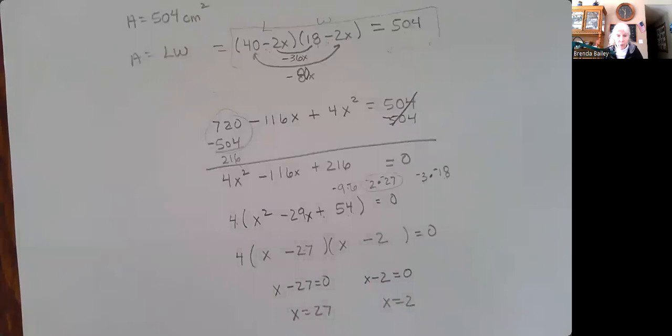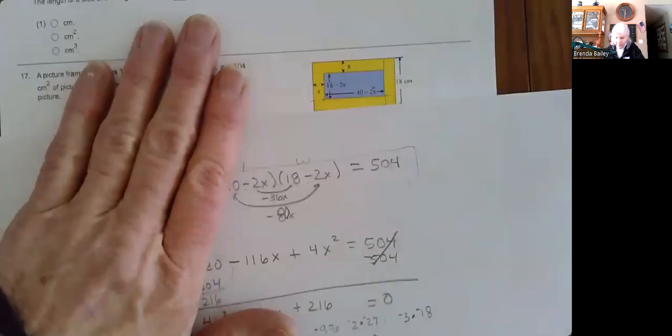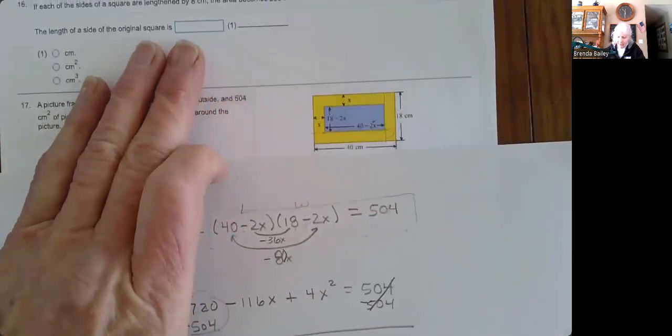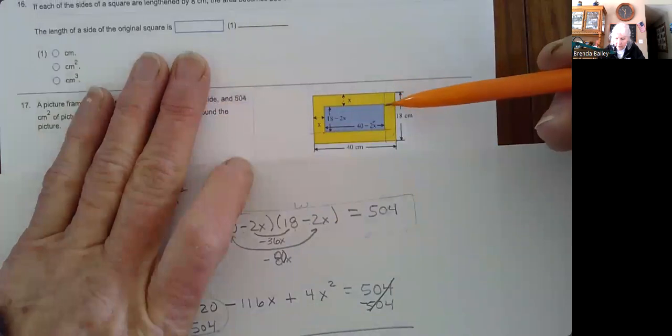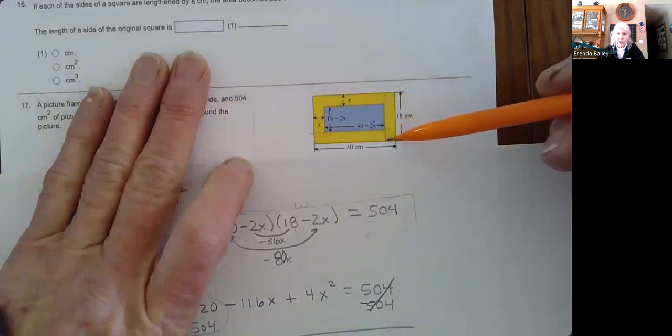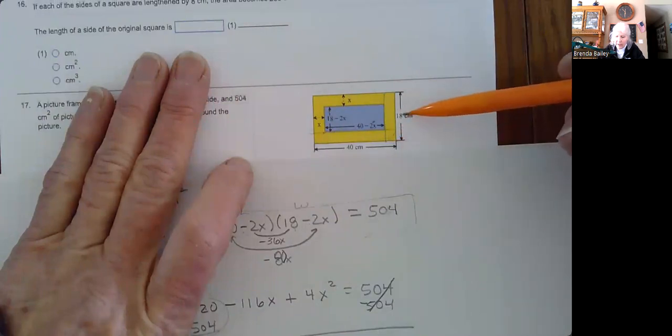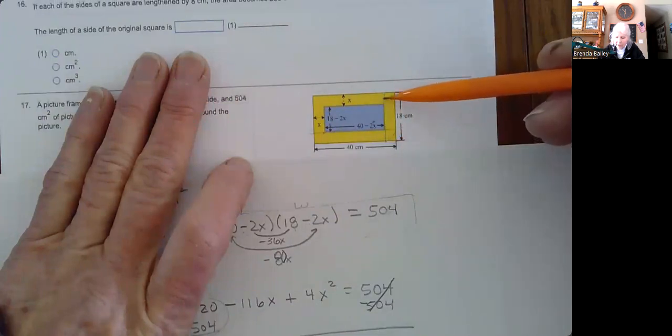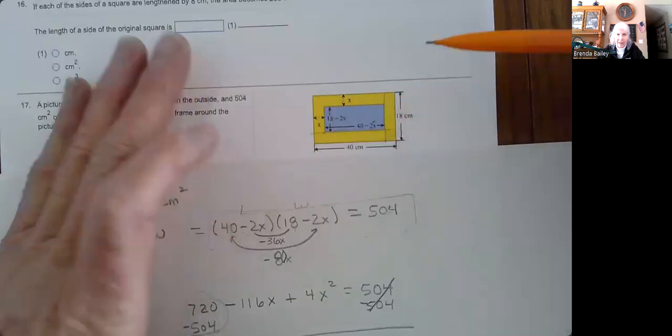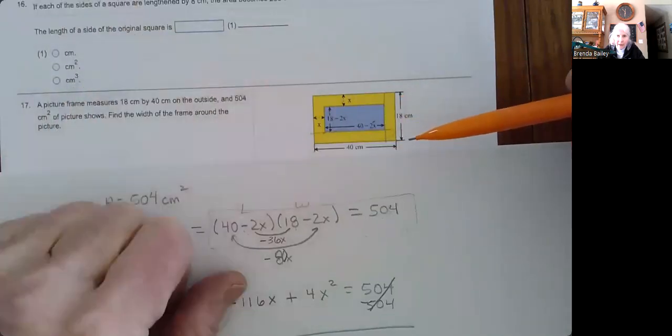Now, do they both make sense? Well, they're both positives, but let's look at the 27 first. If we go back up here, if the width of the frame is 27, you really have no picture because it would exceed this. So you'd have 27 inches on this side, and you know it's bigger than the 18.